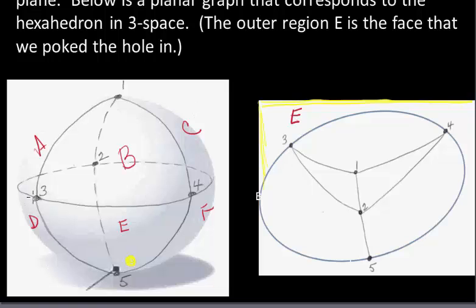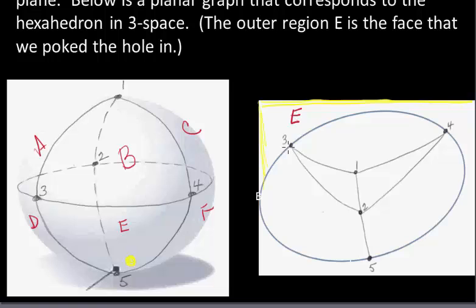Look, over here, 3 to 4 to 5 are face E. So I have to have 3, 4, 5 on the outside, and these are those edges. And then I figured out how the others had to go. 3 had to connect to 1, and 1 to 4, etc. By looking over at the sphere, I got this.